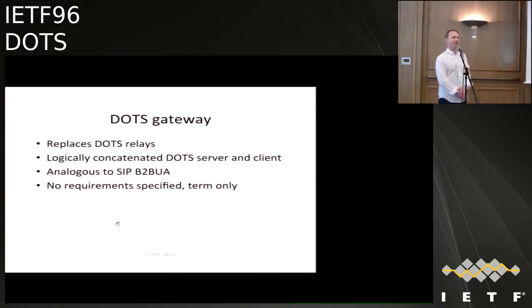It's a function, not a distinct DOTS agent type. It's analogous to the B2B UA, back-to-back SIP server, or DOTS server and DOTS client. At the moment, this draft does not have any gateway requirements. It's only defining the term and the way that it would be used. So we could, again, appreciate some requirements and some feedback related to the DOTS gateway.